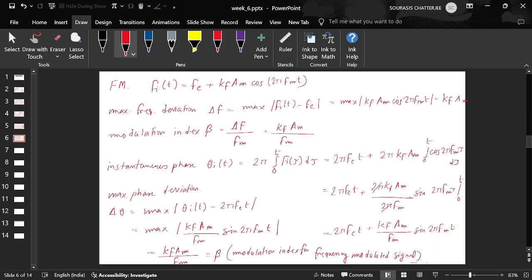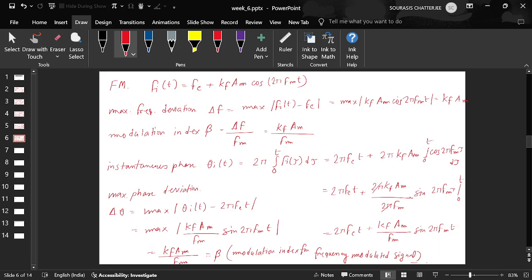So you can see for sinusoidal modulation, that is when m(t) has the form Am cos 2 pi fm t or Am sin 2 pi fm t, the modulation indices of the frequency modulated signal and phase modulated signal are different.